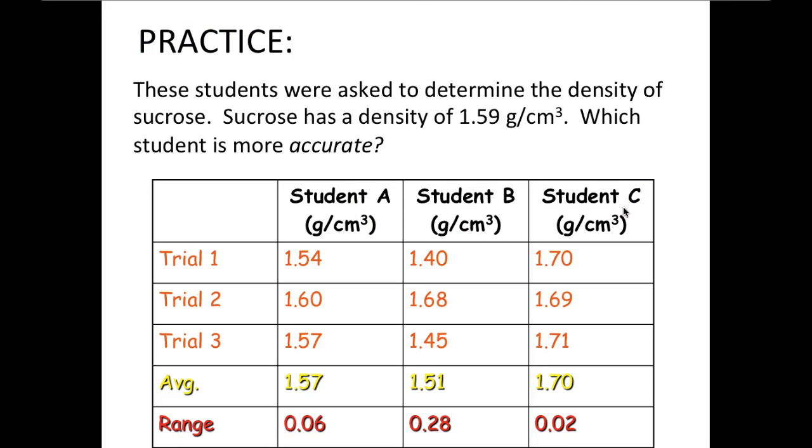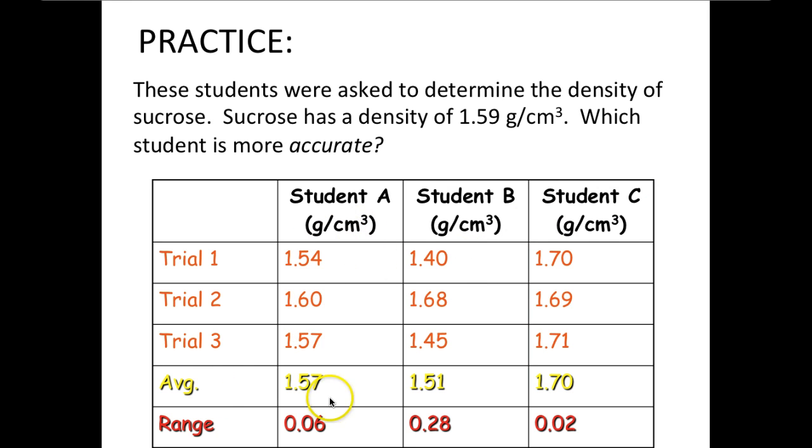So let's look at an example that looks at student data. These students were asked to determine the density of sucrose. Sucrose has a density of 1.5 grams per centimeter cubed. Which student is more accurate? When we're looking at accuracy, we're looking at the student that's the closest to the correct answer.